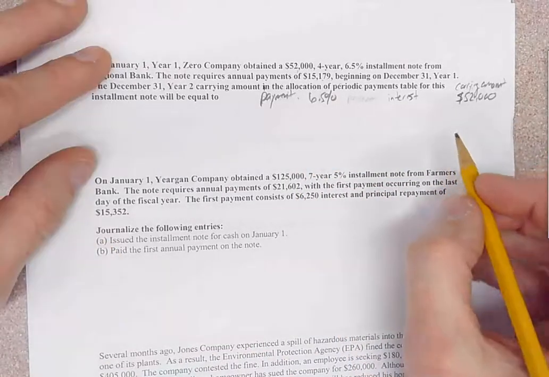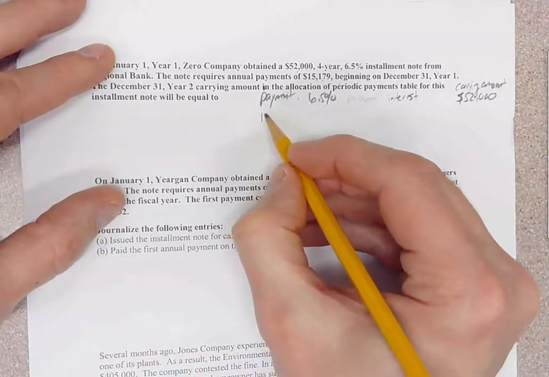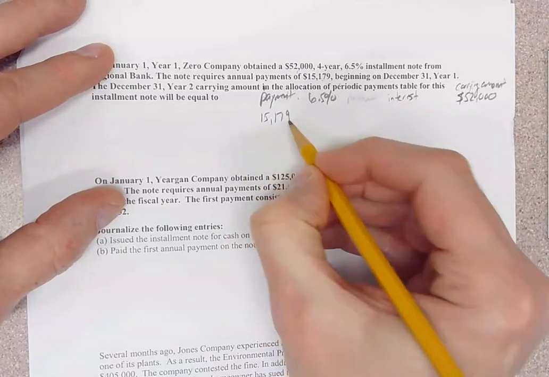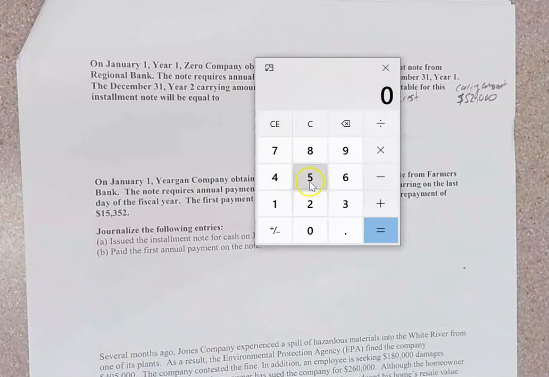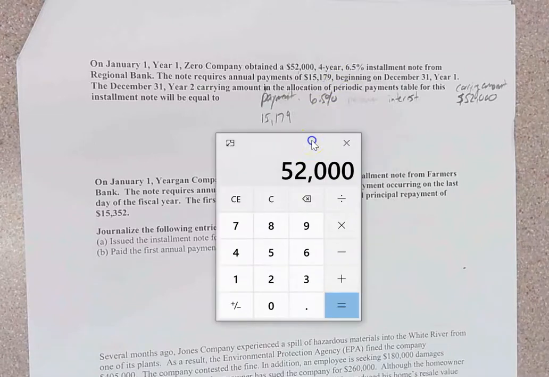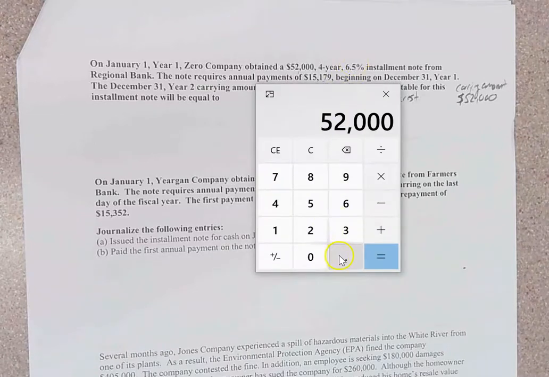Okay. So our payment is $15,179. And what we need to do is this. We need to say, for that first year, 52,000 times 6.5% equals 3,380.